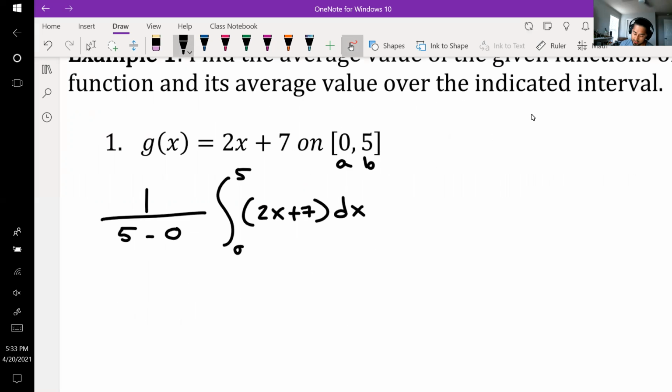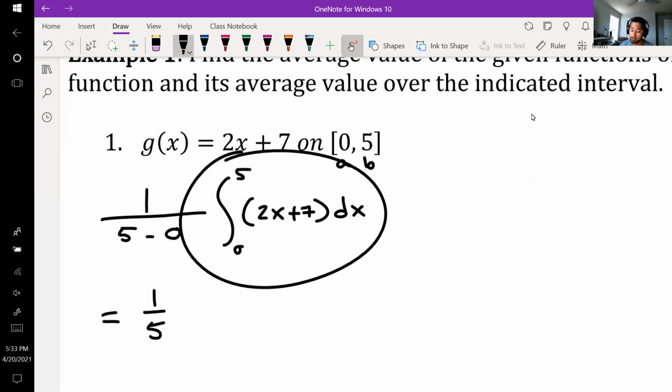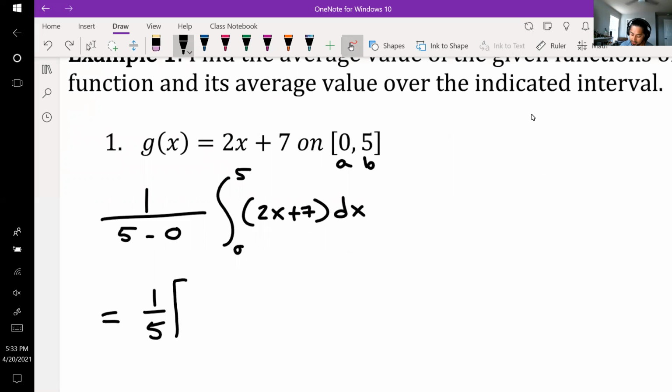Let's go ahead and clean this up. You'll get 1/5. And now we are actually ready to find the antiderivative of this integral. So I'll just put brackets here to be neat. We're going to take the antiderivative of 2x, which is going to be 2 times x squared over 2, plus the antiderivative of 7.